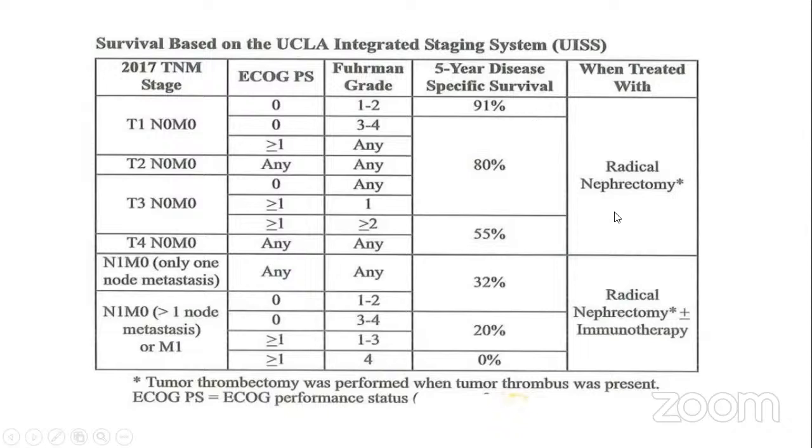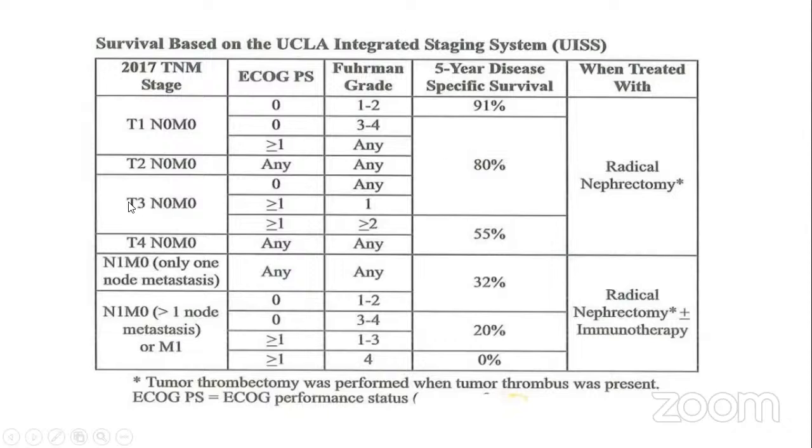And it's treated by radical nephrectomy, as well as all others of T2 and T3 and 0 with ECOG 0 or ECOG more than 1, or any grade, this is T3, all this can be managed by radical nephrectomy.